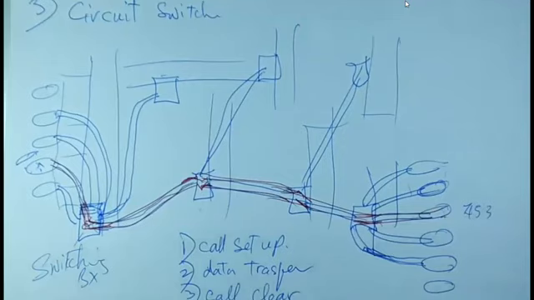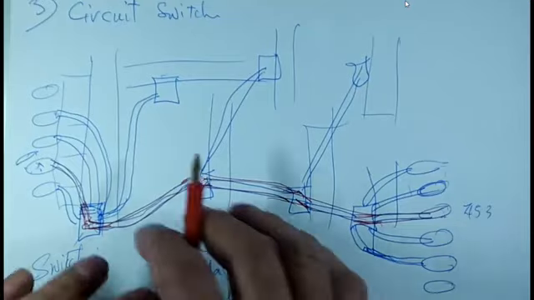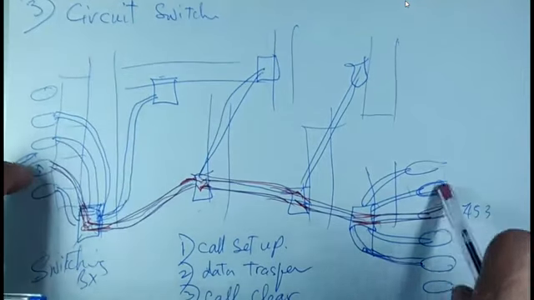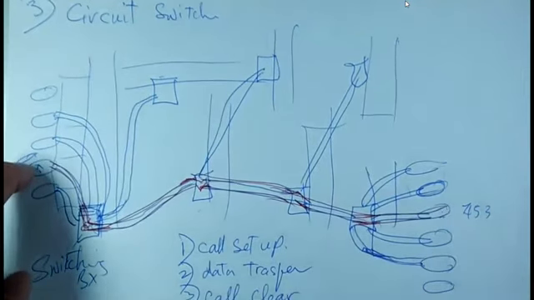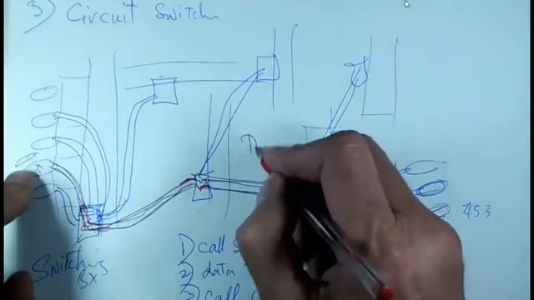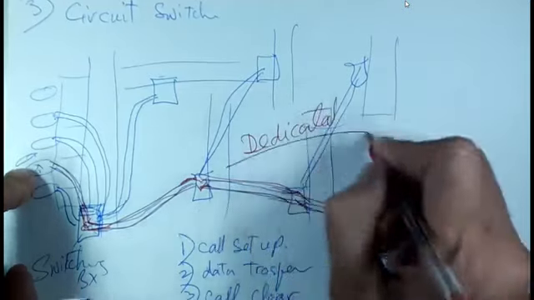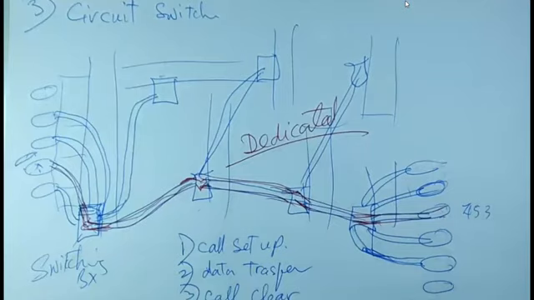Even though it wasn't dedicated before, after we made the connections with the setup, now this line just carries information from this phone to that phone and no other phone. So now this one is dedicated, and this is the only technique that uses dedicated. If I ask you to describe the datagram switching technique or message switching or the next technique that we call virtual circuit, none of them has dedicated. This is the only one that has dedicated.